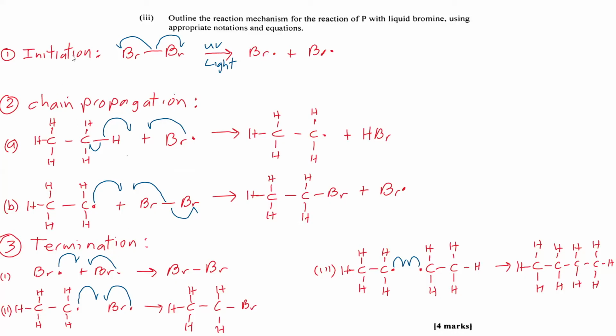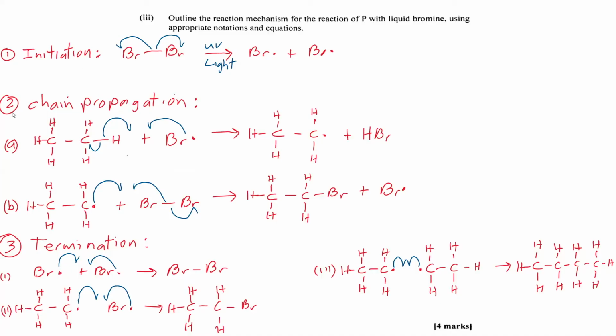In the initiation stage, we need UV light to break the bonds between the halogen atoms, in this case the bonds between bromine and bromine. We now produce what are called radicals. Radicals are species with unpaired electrons, and they are very reactive. Without creating the radicals, the reaction cannot proceed. That is why it is called initiation.